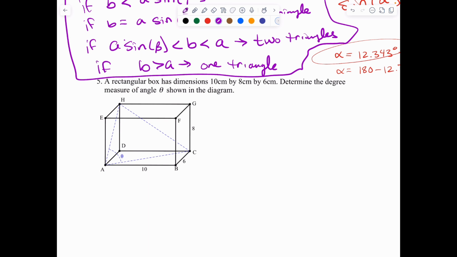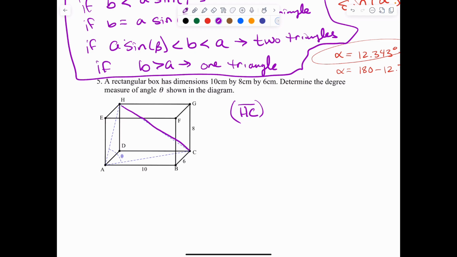We'll just solve each of these diagonals. Let's do HC. That's this here.